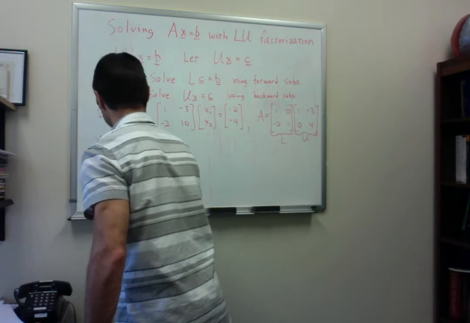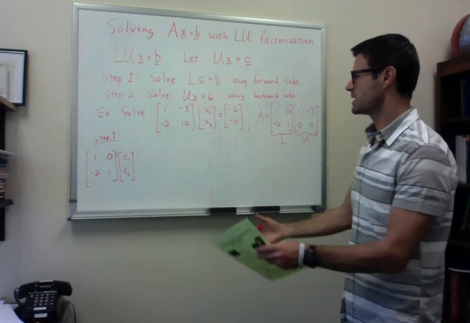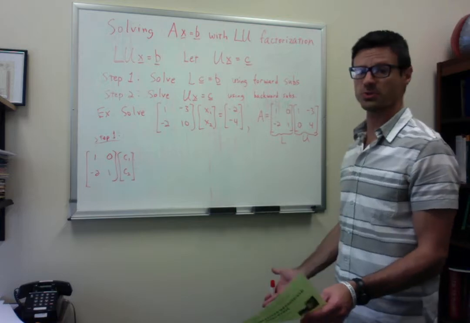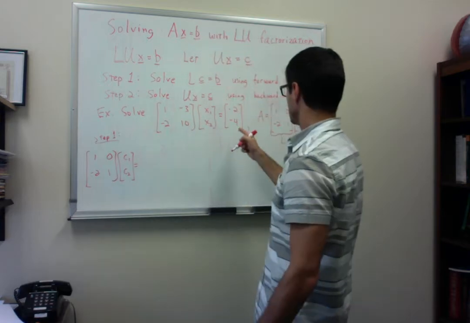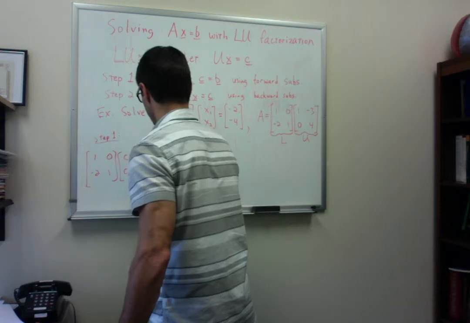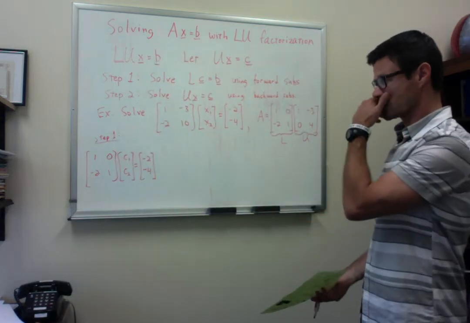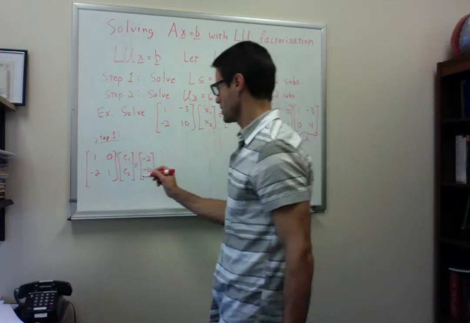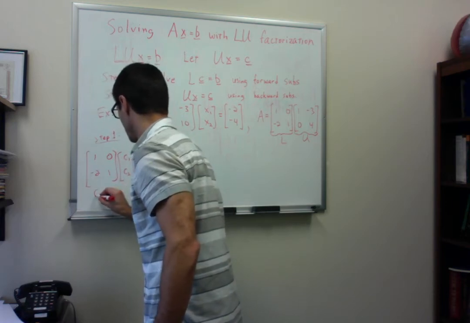So C is kind of like this middleman intermediate vector that we need to solve for that isn't really the solution to the problem, but it helps us get to the solution to the problem. And so I set this equal to B, and so B is here, minus 2, minus 4. And this is easily solved by forward substitution. I mean, the first row says C1 equals minus 2.